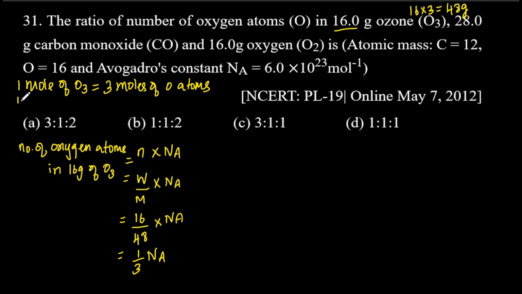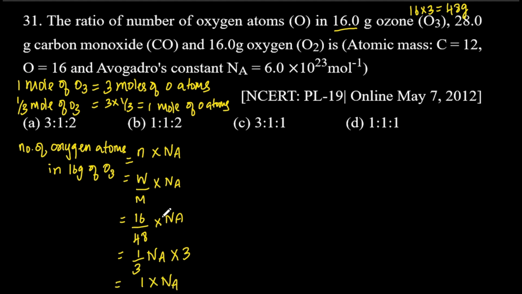So it contains how many moles of oxygen? 1 by 3 mole of O3 contains 3 into 1 by 3, which is 1 mole of oxygen atoms. So here you have to just multiply by 3 because ozone contains 3 oxygen atoms, and the answer will be 1 into Na. This is for ozone. Then we are going to 28 gram of carbon monoxide.